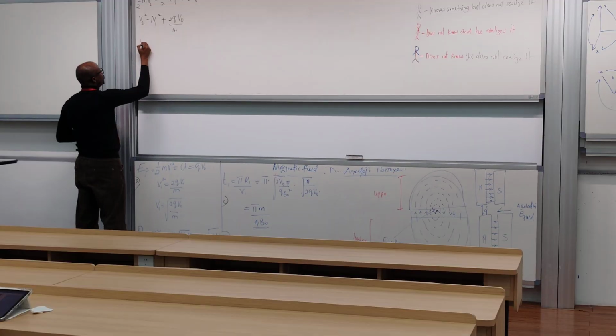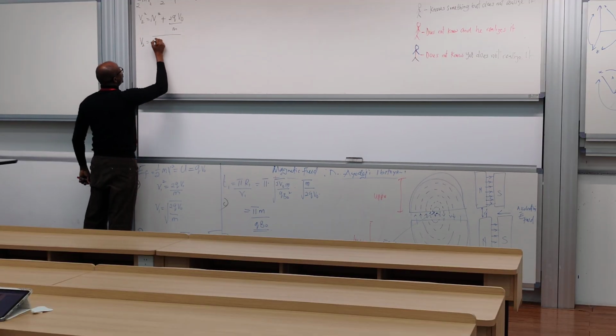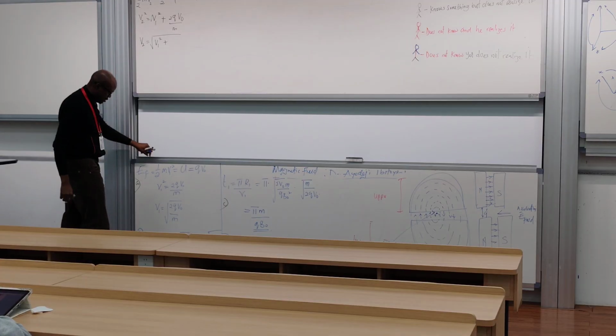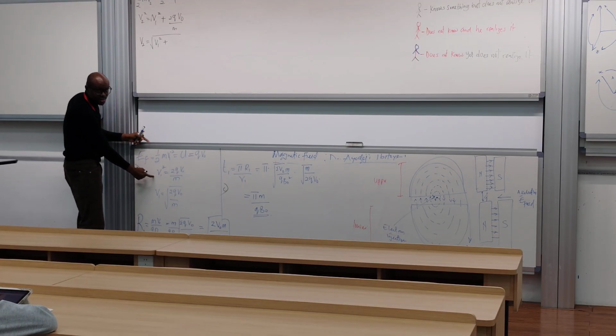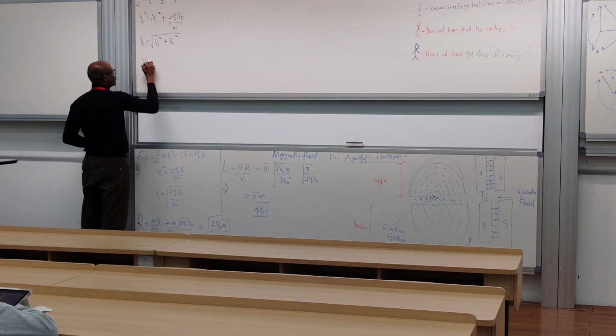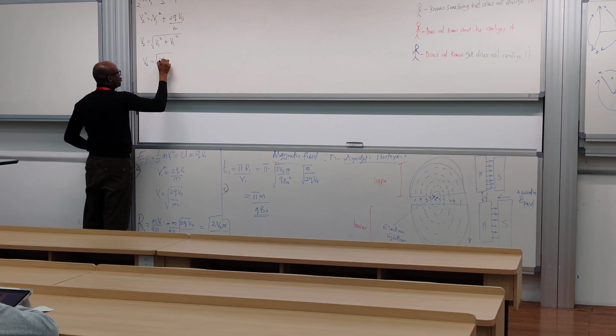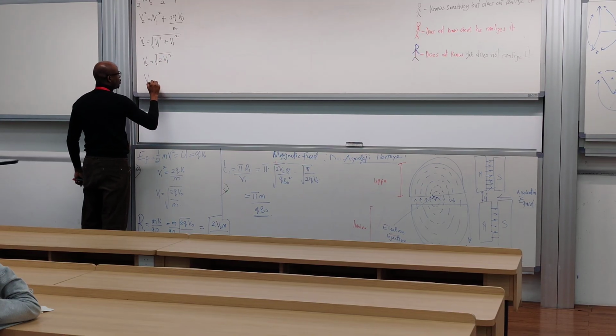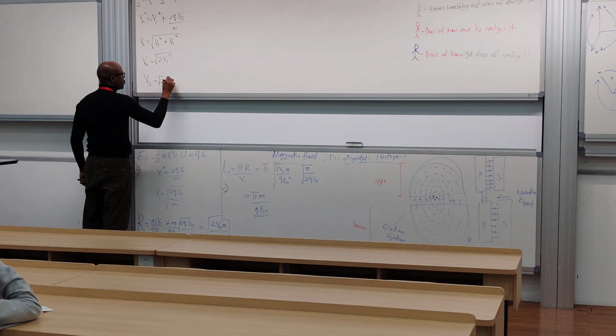And then v2 becomes square root of v1 squared plus, look at this. This is exactly v1 squared, right? So this is v1 squared. That means v2 equals square root of 2 v1 squared. v2 equals square root of 2 v1.